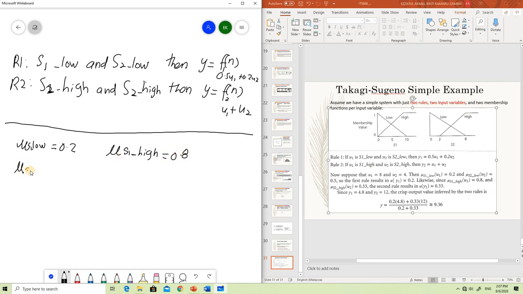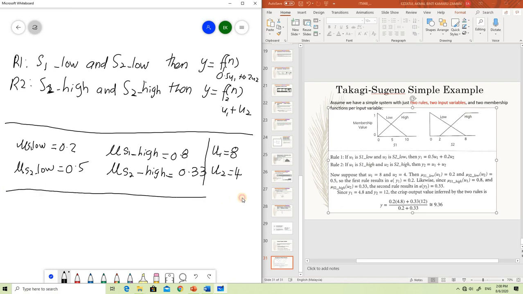Degree of membership S2 low is equal to 0.5. Okay, here, take a look at here, 0.5. And degree of membership S2 high is equal to 0.33. Okay, then you were also given the input variables, that is U1 is 8 and U2 is equal to 4.